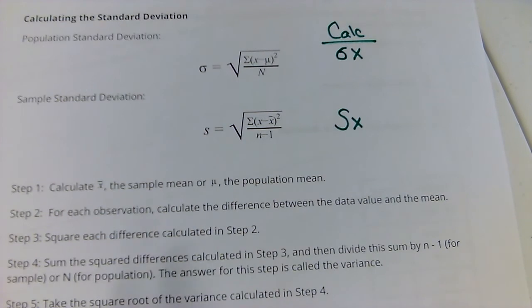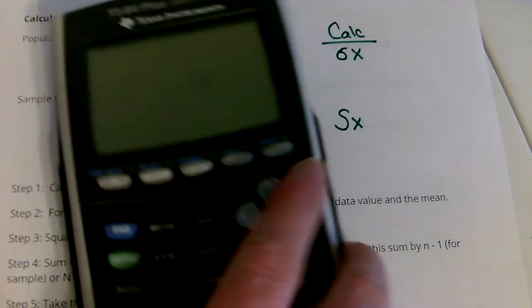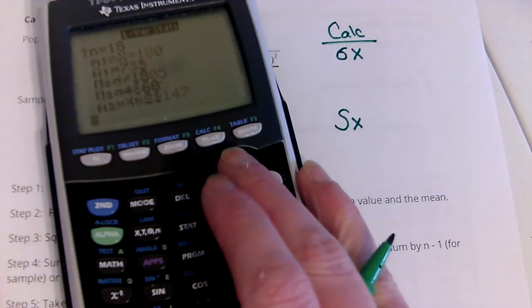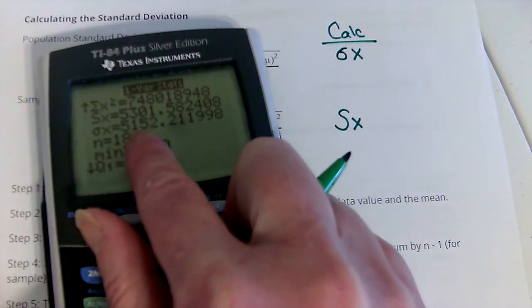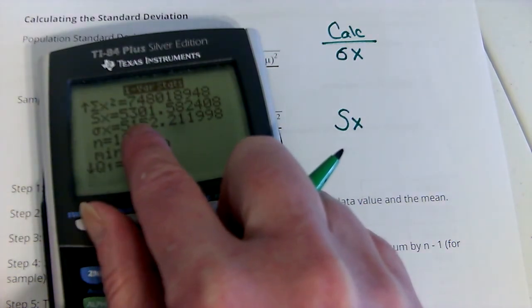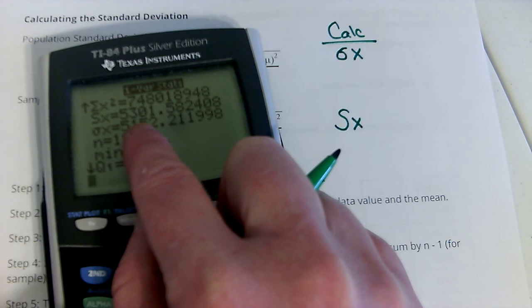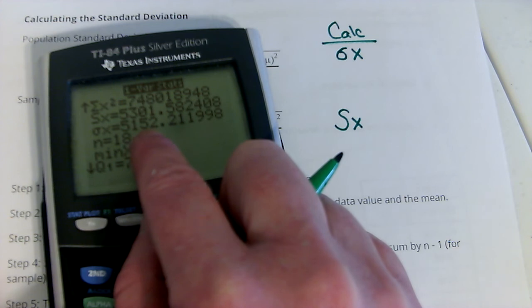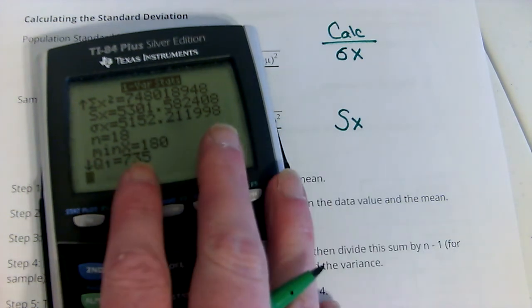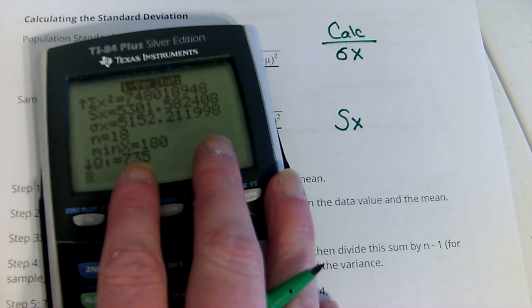So it does find those for us. If we looked back at what we did earlier, if I up arrow, it does give me my standard deviation for the sample was 5,301, and the standard deviation for the population is 5,152. So it does actually calculate those for us.